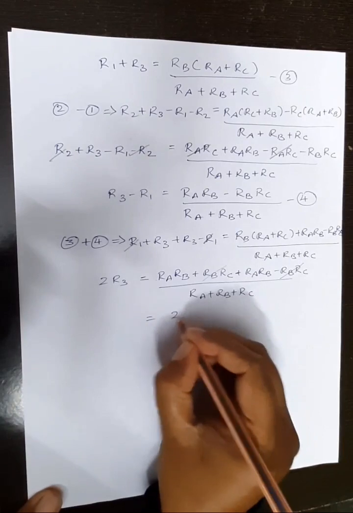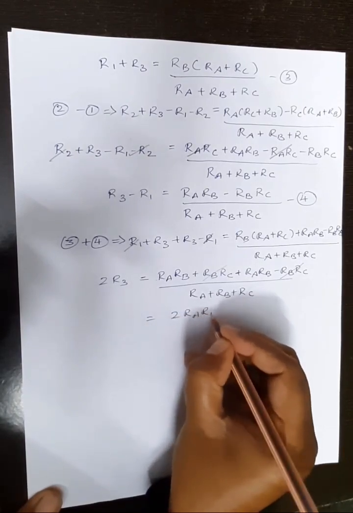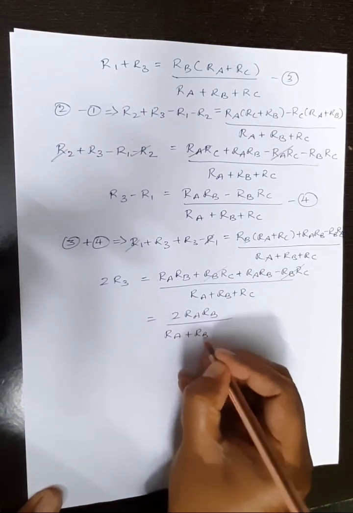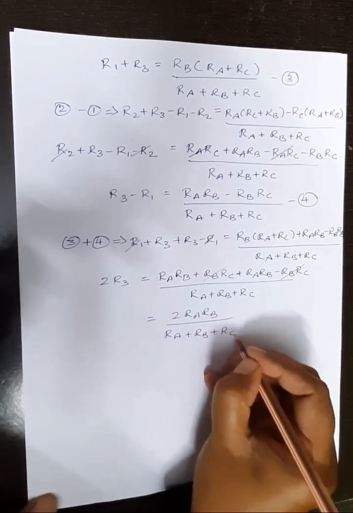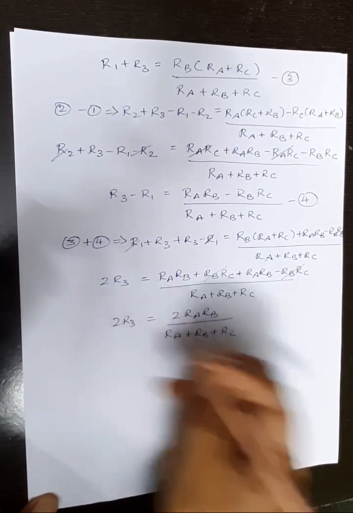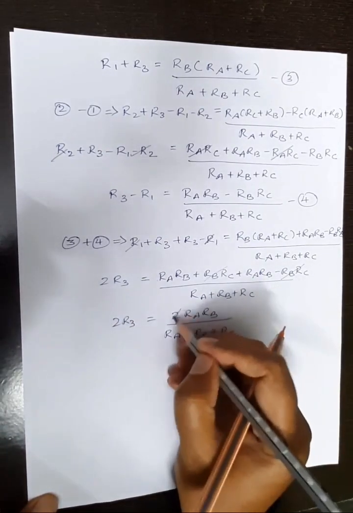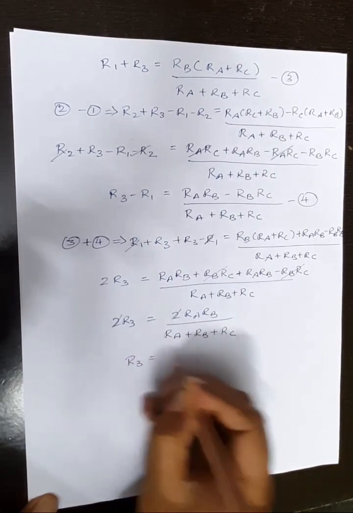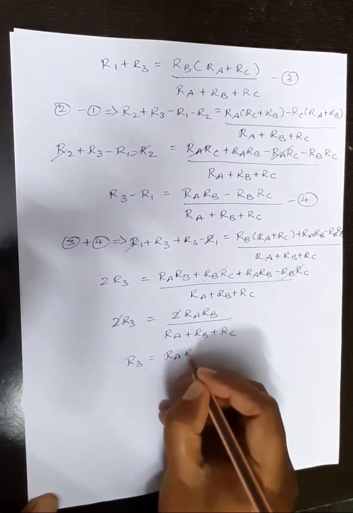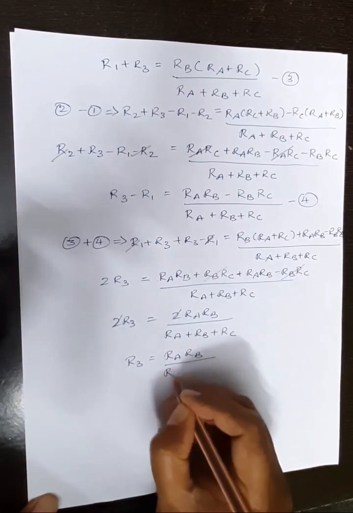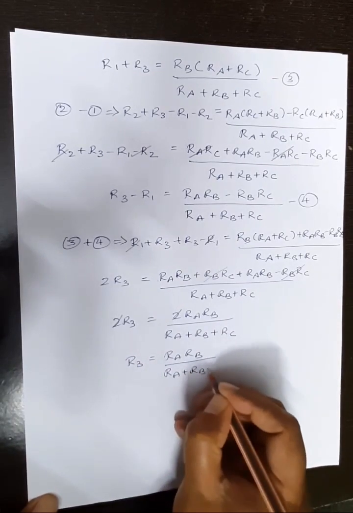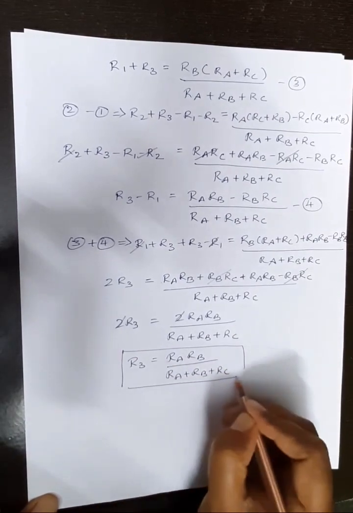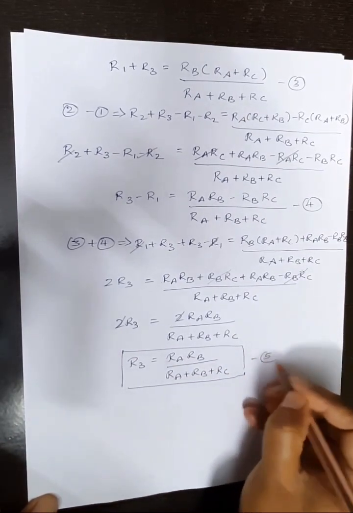So remaining terms will be 2RA RB whole divided by RA plus RB plus RC. Here 2 and 2 will get cancelled. Remaining term will be R3 which is equal to RA into RB whole divided by RA plus RB plus RC. Consider this as equation number 5.